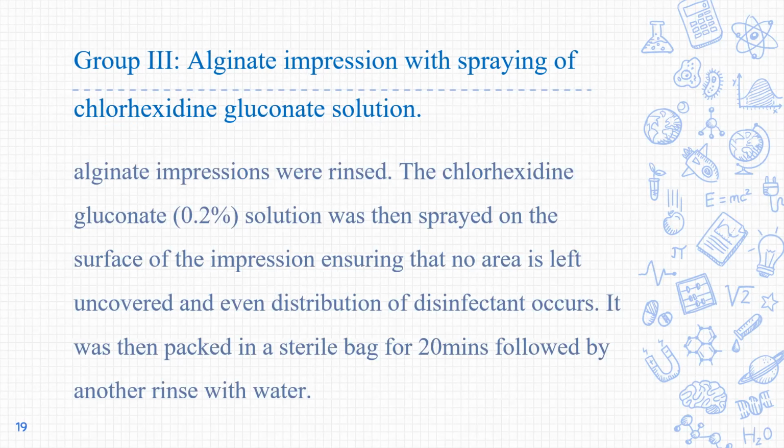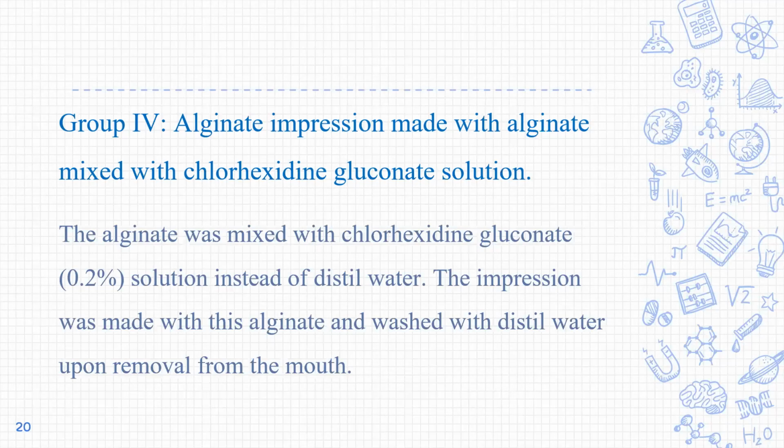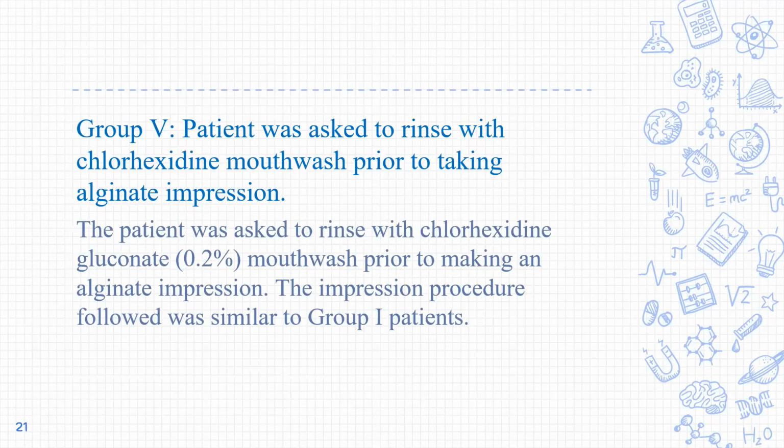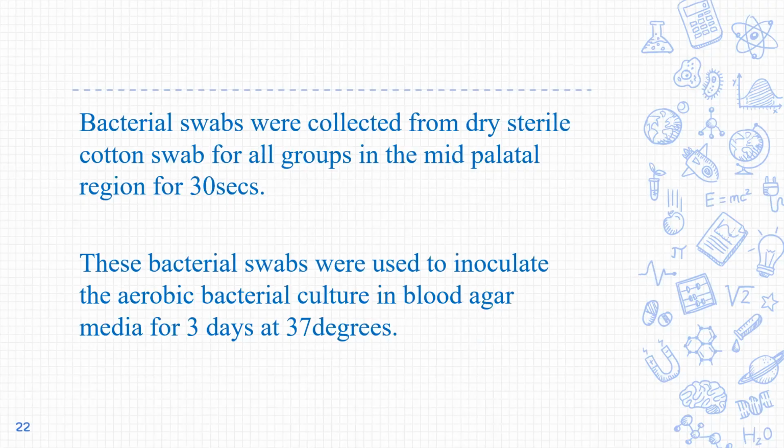The chlorhexidine was sprayed onto the impression, ensuring that no area is left uncovered. For group 4, the alginate was mixed in chlorhexidine and the impression was taken with that alginate. For group 5, the patient was asked to rinse the mouth with chlorhexidine mouthwash prior to taking impressions, and the procedure was similar to group 1.